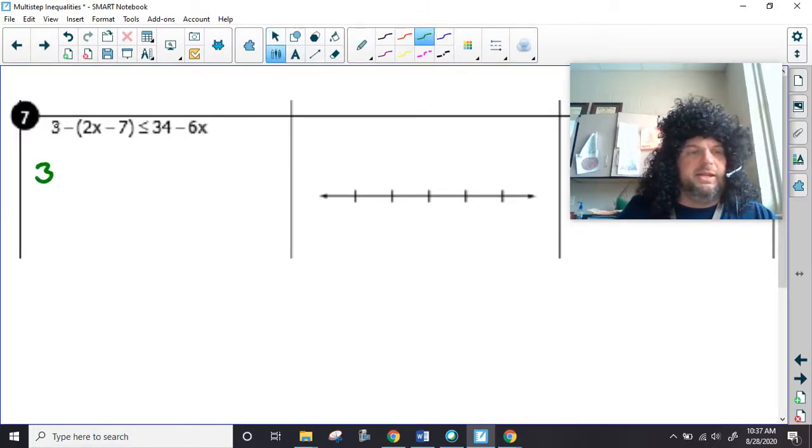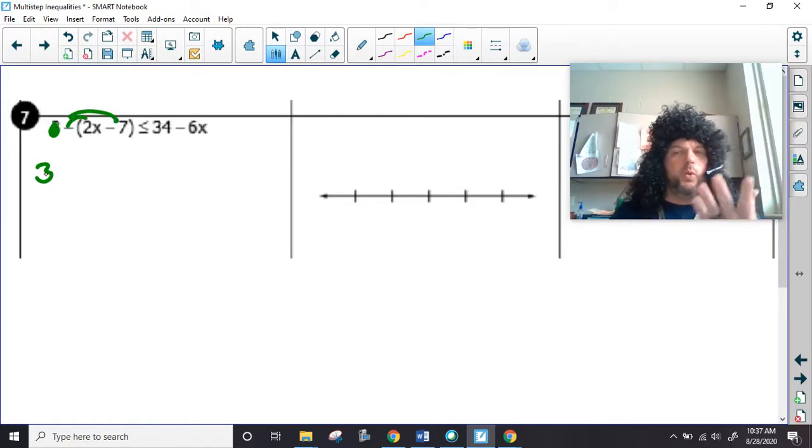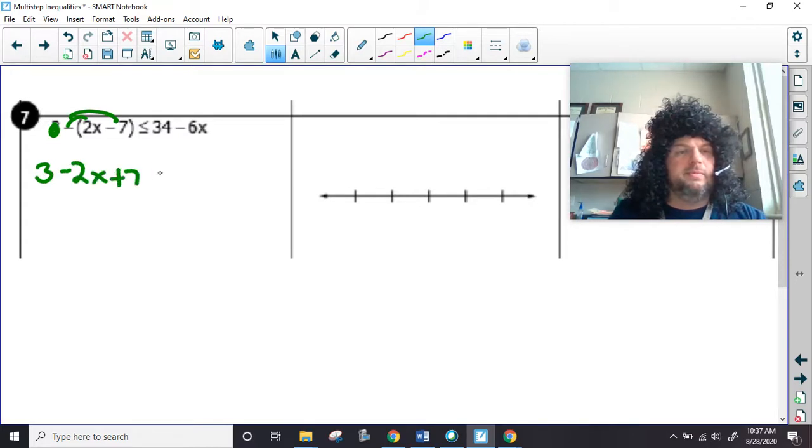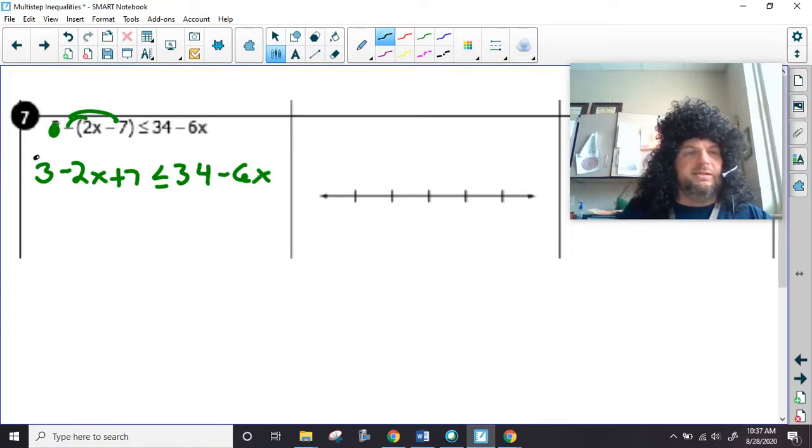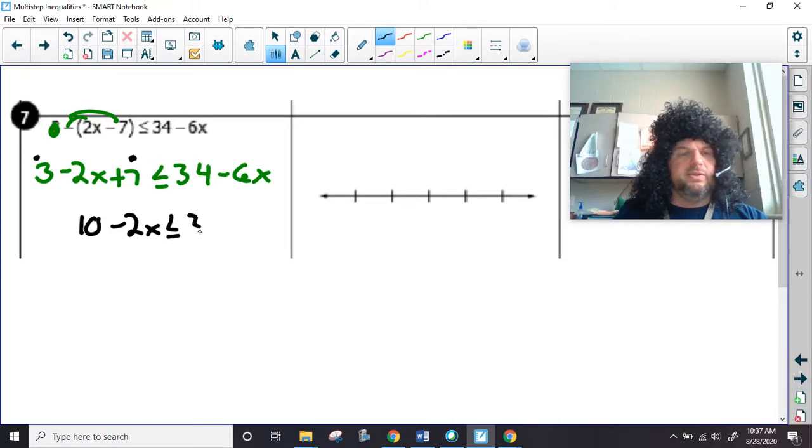Now I'm going to write 3 down, and I'm going to kind of mark it out because I'm going to distribute this negative, and it changes the signs. Equal to 34 minus 6x. So I'm going to combine like terms. That's these two. So 3 plus 7 is 10 minus 2x less than or equal to 34 minus 6x.